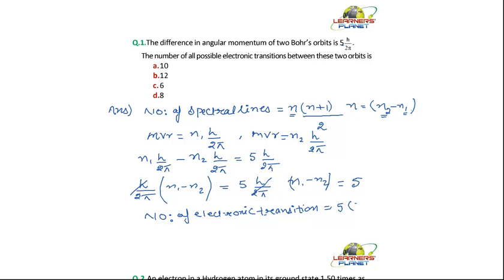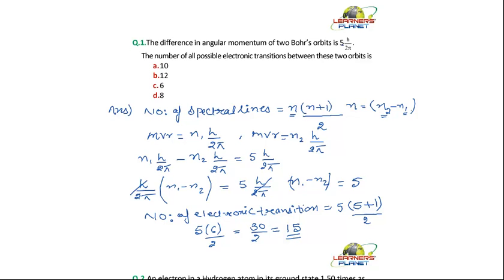It would be 5 into 5 plus 1 by 2. Am I clear? So let's solve this. It would be 5 multiplied by 6 divided by 2, that is 30 divided by 2. 5 6s are 30. So how many lines are we going to get here? We are going to get 15 lines.